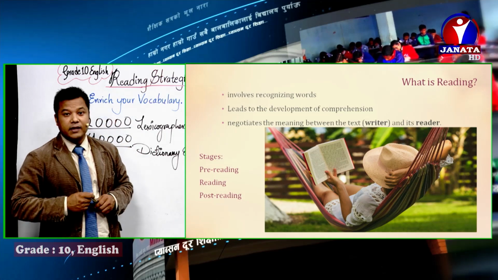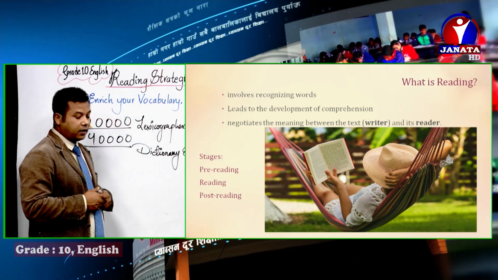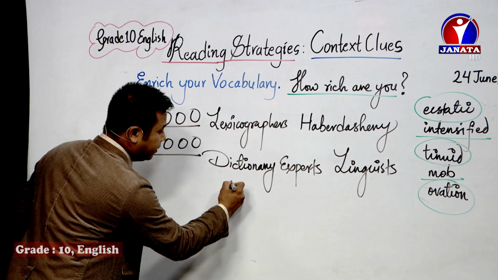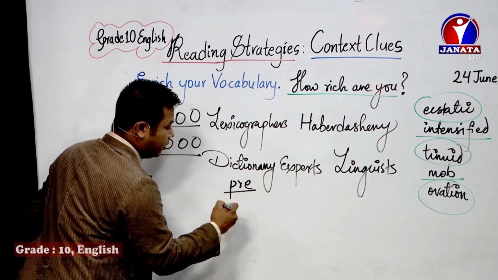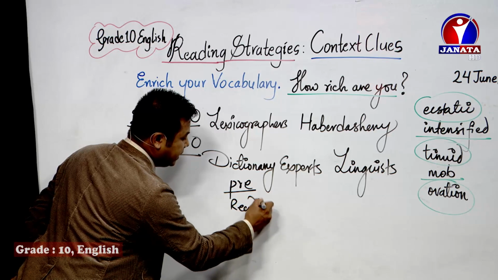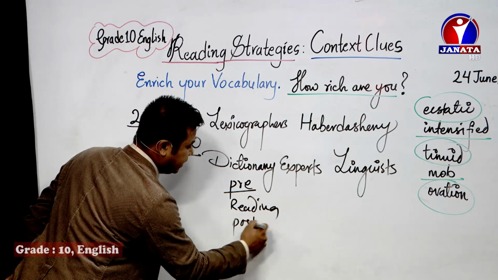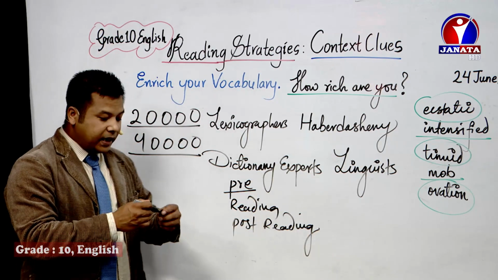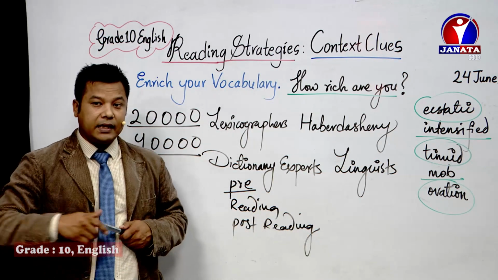So the process of reading, your teachers must have explained to you, like I have mentioned it right over here: 3 stages of reading, pre-reading, just reading, and then post-reading. Now, pre is like you prepare for the reading.